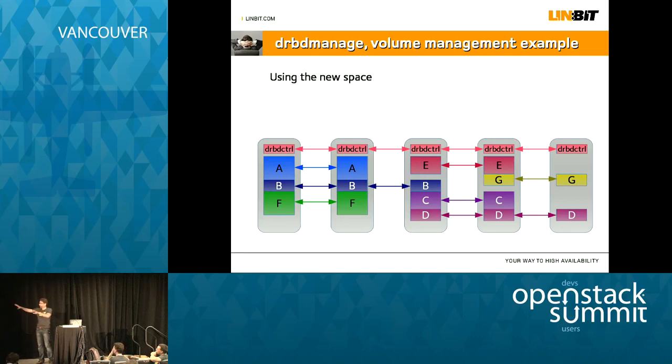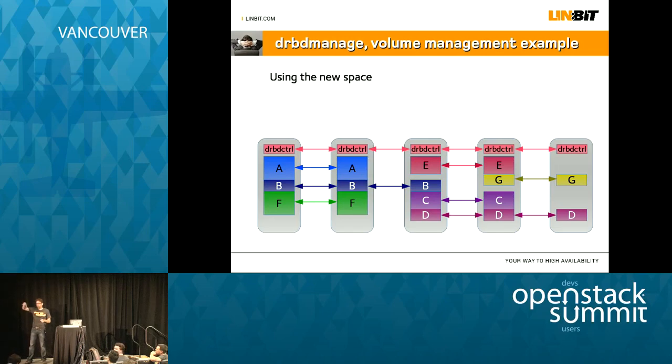So if we have here many nodes and 1,000 volumes with 1,000 VMs, or even 2,000 volumes and 1,000 VMs consuming those 2,000 volumes, it's pretty distributed.